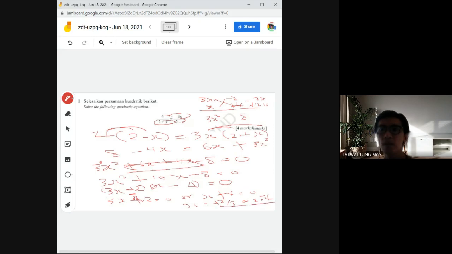Okay, so this is just a normal quadratic equation, but you need to know how to factorize. That's the first thing, how to factorize the quadratic equation. I hope you know how to use this method, or you can use the calculator to get your answer.